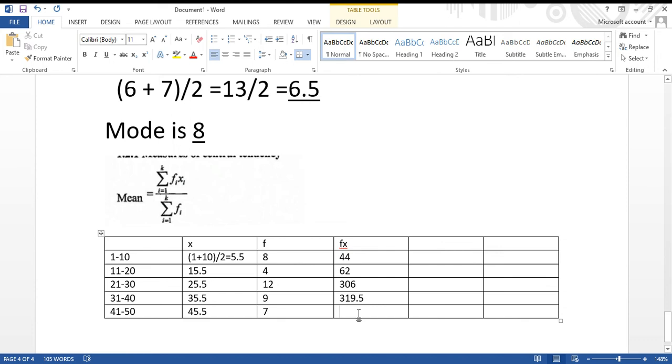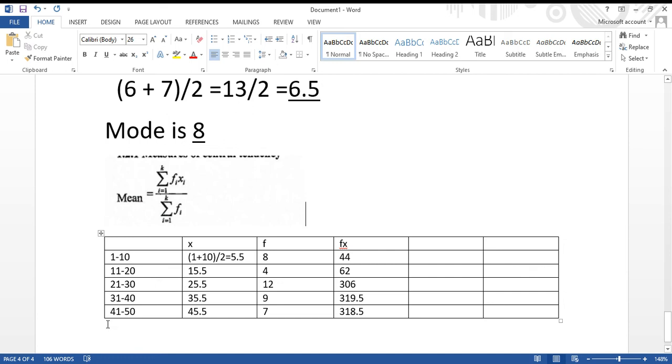And 45.5 times 7, you get 318.5. Now, if we see our formula here, it tells us the summation of fx divided by the summation of f.